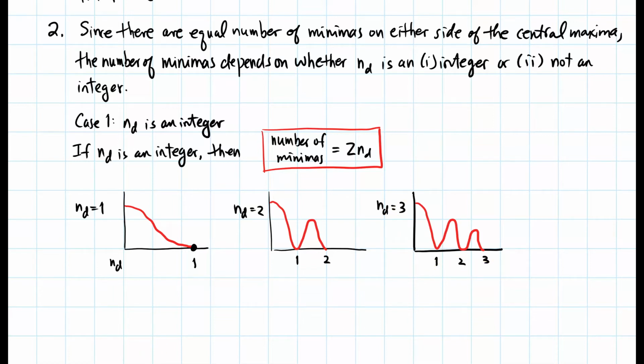So therefore, the total number of minimas is going to be 2ND. 2 times 1, so I get 2 minimas for both sides. In this case, I have 4 minimas. In this case, I have 6 minimas.